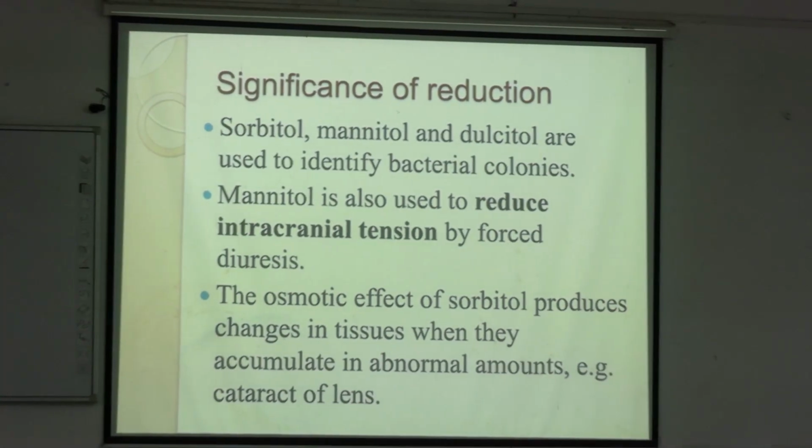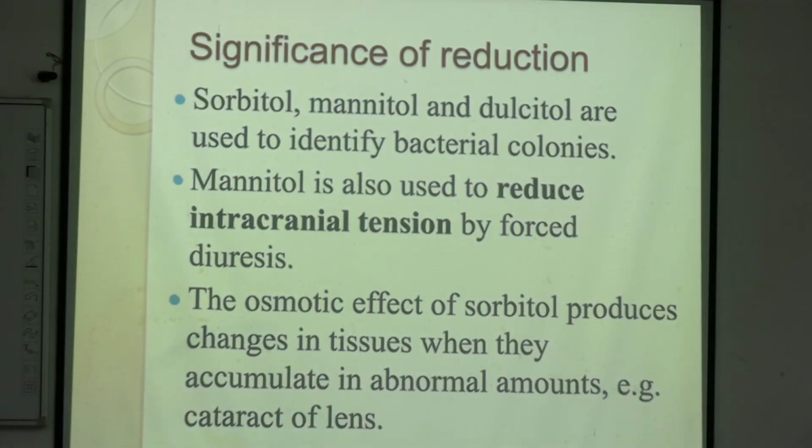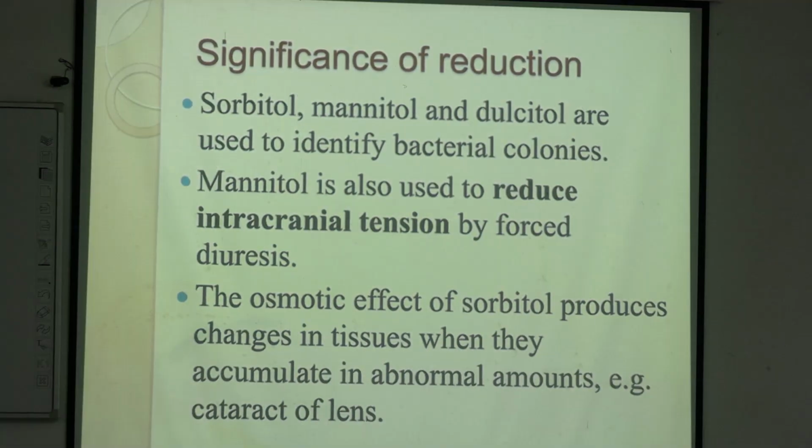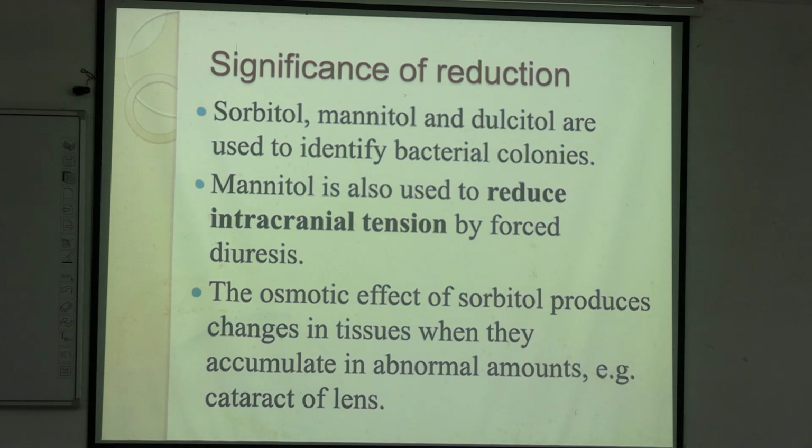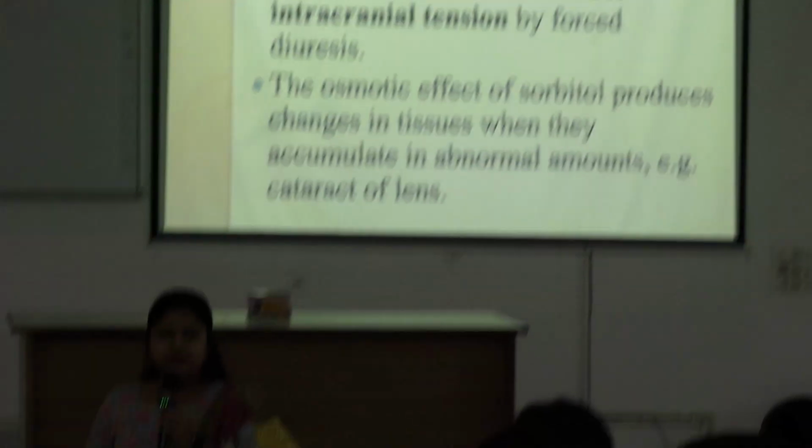Sorbitol and dulcitol are used for identification of bacterial colonies. You will learn in your next year classes. Okay. If sorbitol is accumulated in tissues in abnormal amount, it may produce a change. Okay, and what kind of change? If it is accumulated in our lens, it will collect water and there will be an opacity forming cataract.